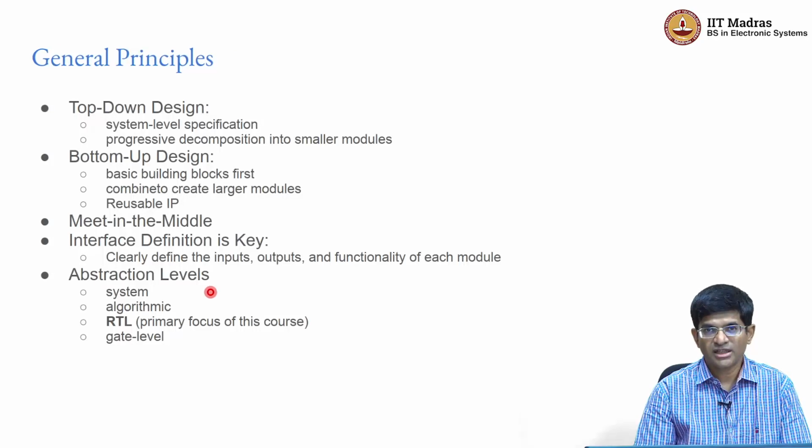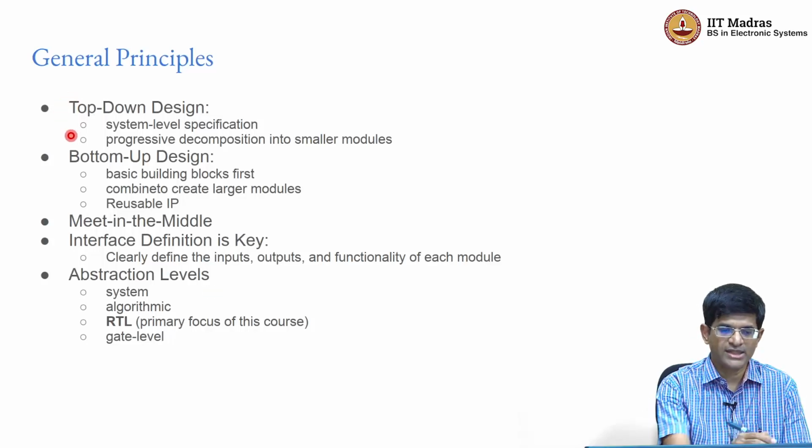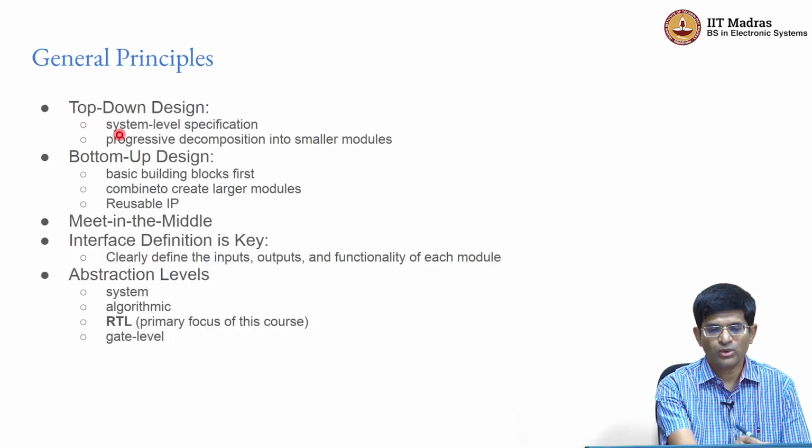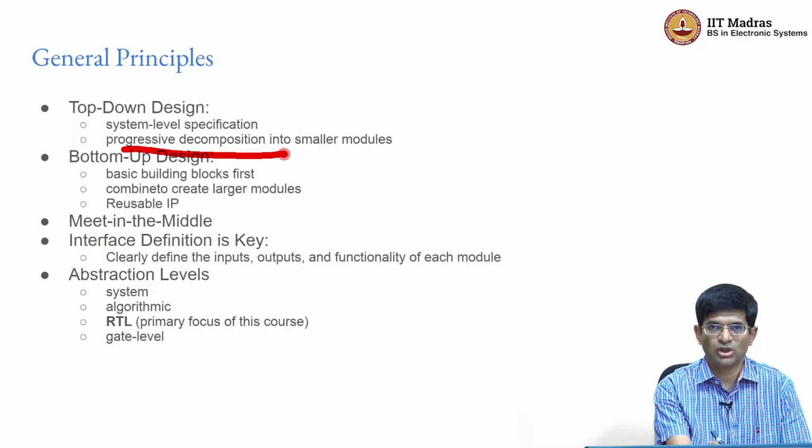So there are a few general principles that apply when we are trying to perform top-down design, the whole idea of hierarchical design. The two most common approaches are what's called top-down design, where we start out with a system level specification and then we decompose it into smaller blocks.